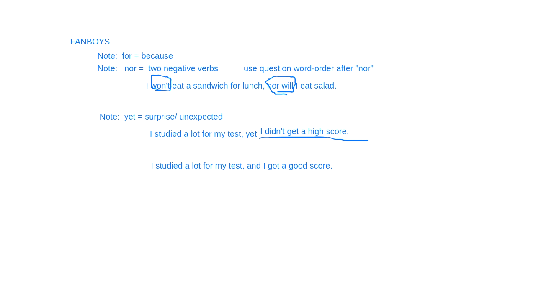You study and you pass, right? But the one with "yet" is surprise, unexpected. So, "I studied a lot for my test, yet I didn't get a high score." I didn't pass. This is unexpected. Okay, Lucia, do you understand that?